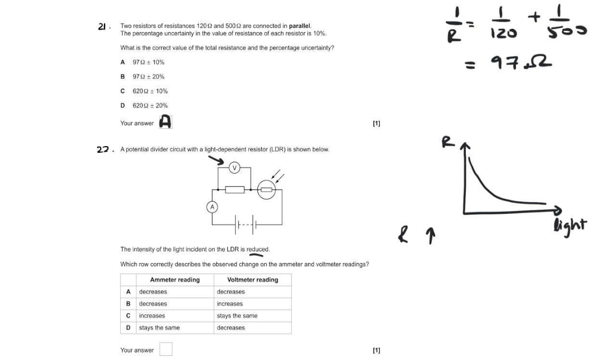It will not increase, it would decrease, so it's either A or D. For the ammeter, V equals IR, or I is equal to V over R, the current would decrease, because if the light intensity is reduced, the resistance goes up, and because I is inversely proportional to R, the answer will therefore be A.